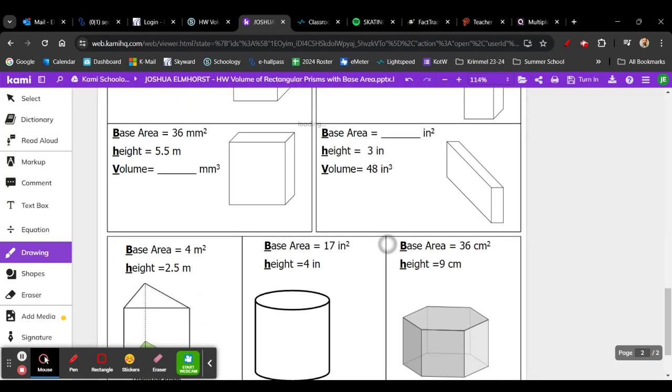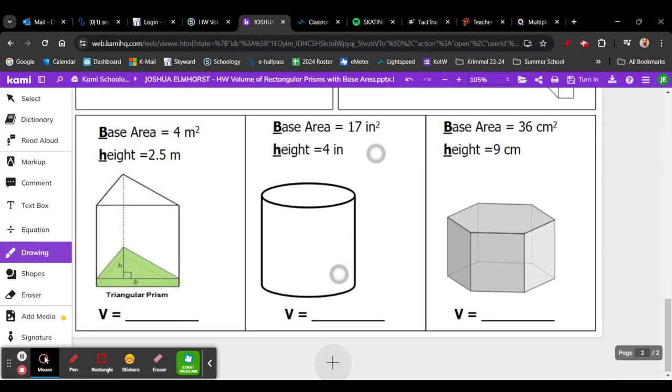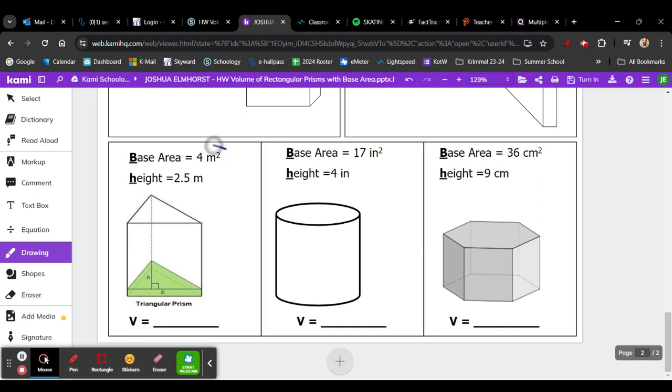Make sure when you get to the last one, you don't need to change anything here. You're just multiplying base area times height to get volume. Base area times height equals volume, and then use your labels, meters cubed, inches cubed, and centimeters cubed.